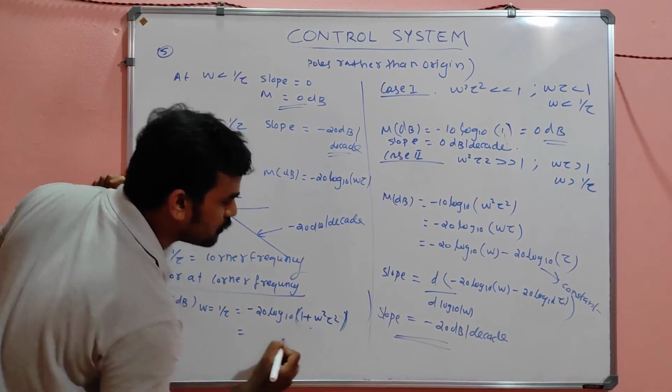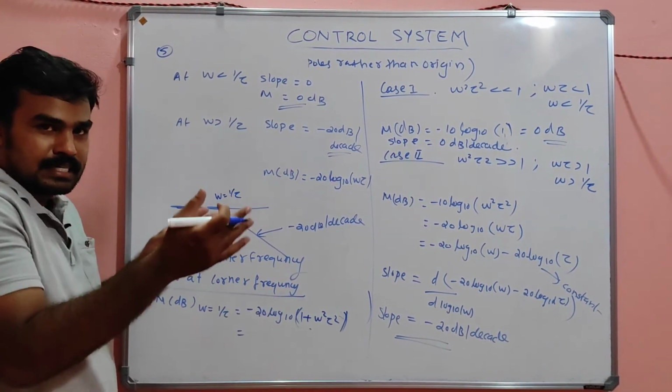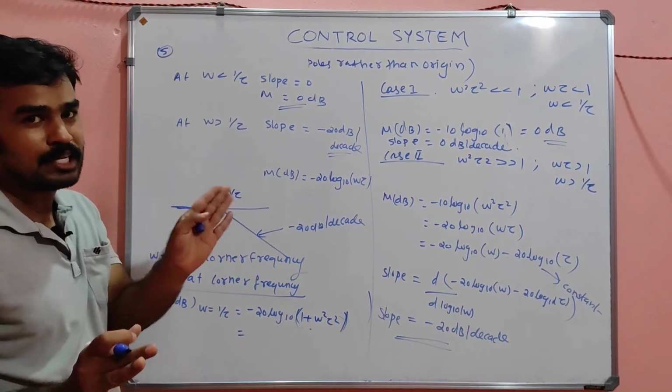That was the general equation. We assumed omega square tau square is much less than 1 for case 1, case 2, and so on.